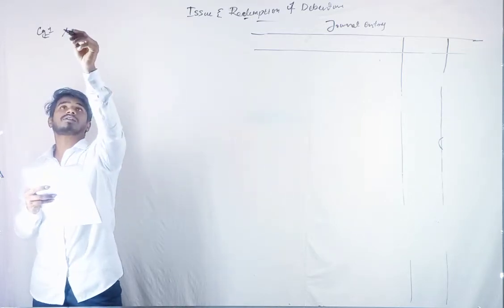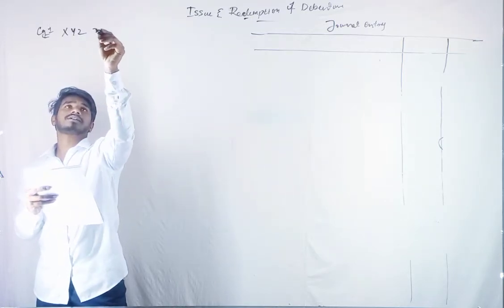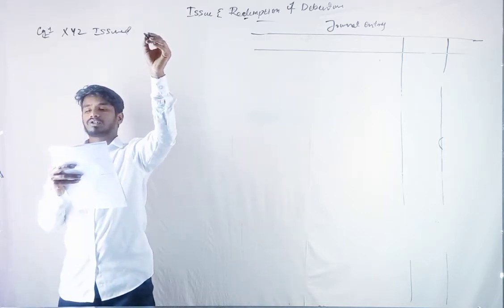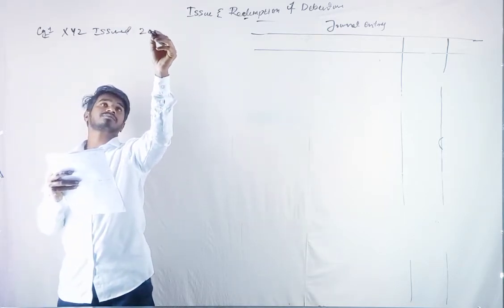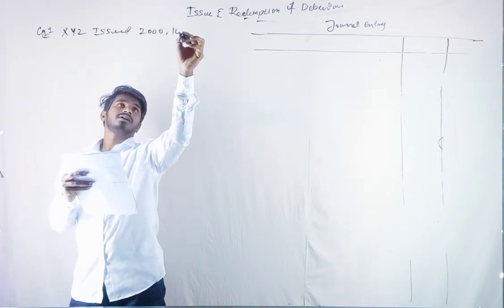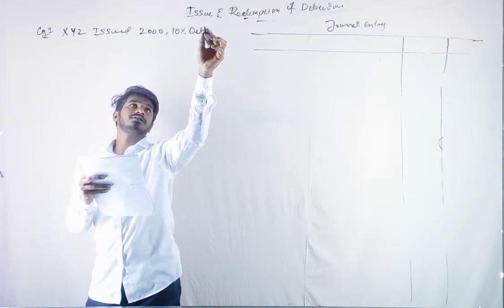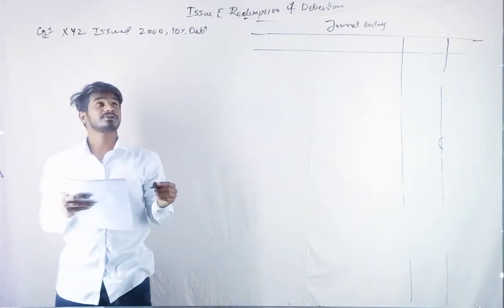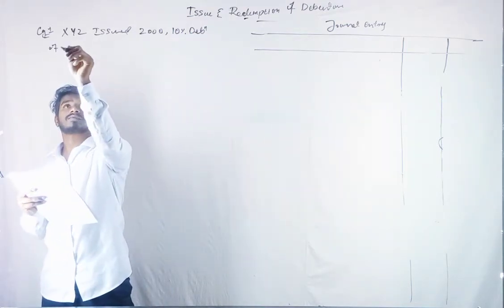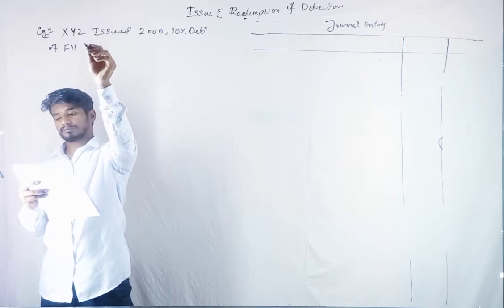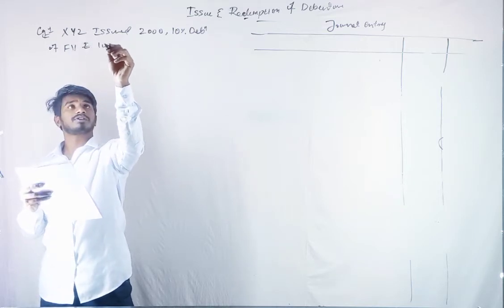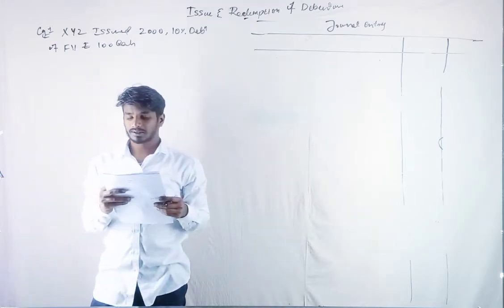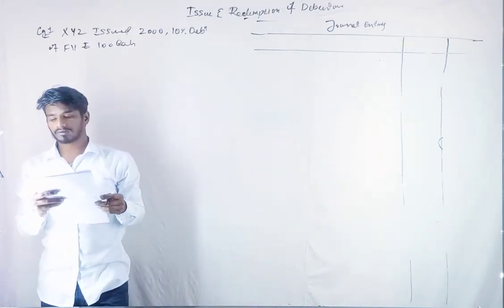XYZ issued 2000 10% debenture of face value rupees 100 each at a premium of 10%.